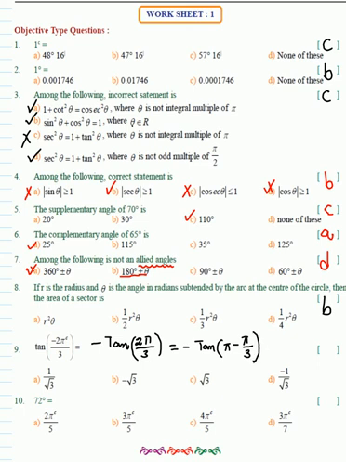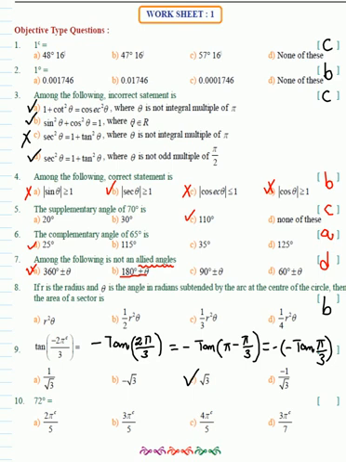Pi minus pi by 3 is in the second quadrant, and in the second quadrant tan is negative. So this becomes minus of minus tan pi by 3, that is equal to plus tan pi by 3, which is tan 60 degrees. So the answer is root 3. So C is the answer.